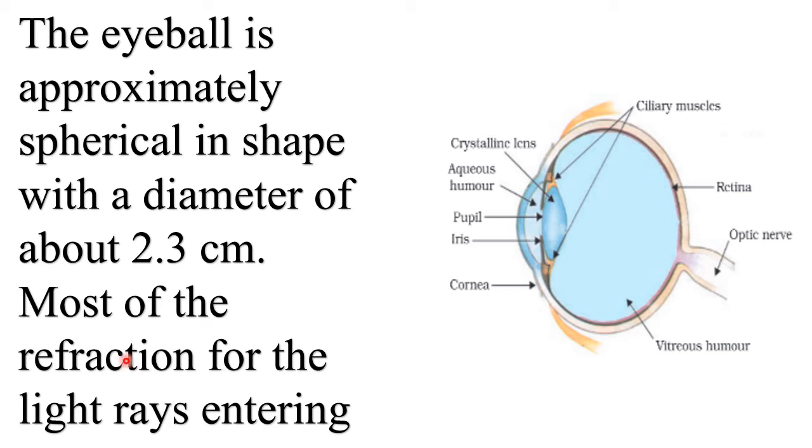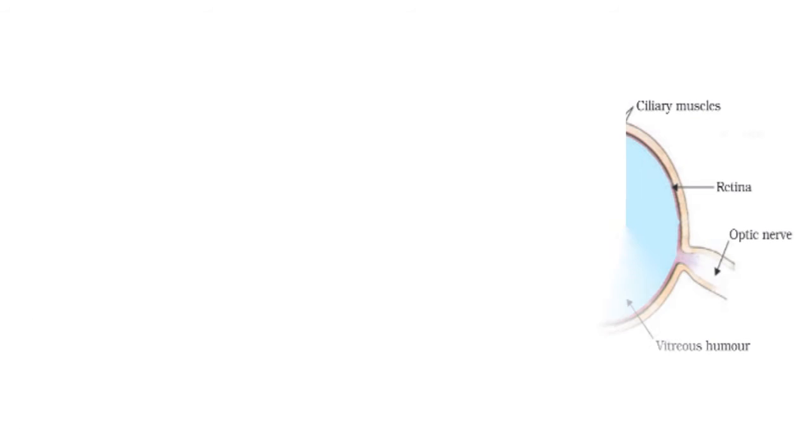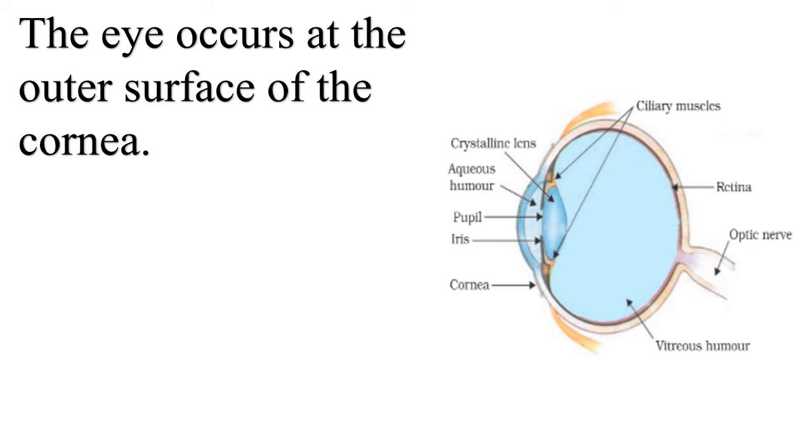Most of the refraction for the light rays entering the eye occurs at the outer surface of the cornea.